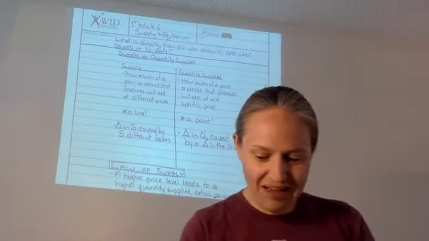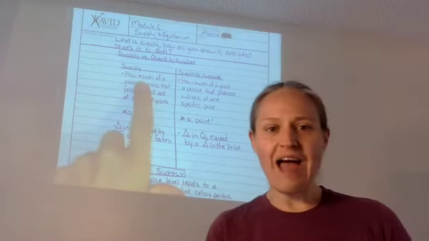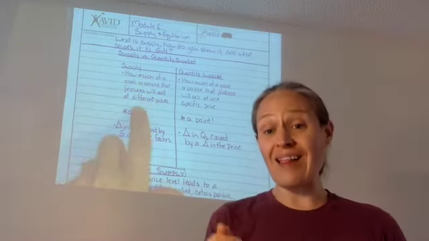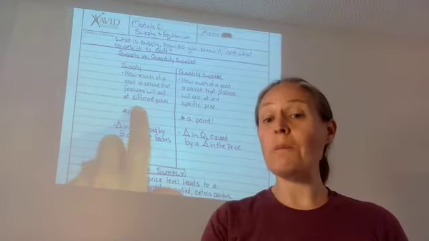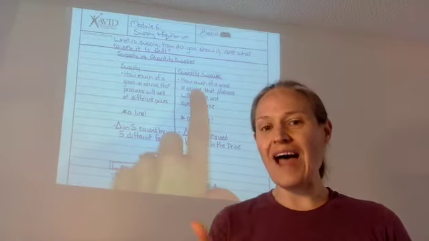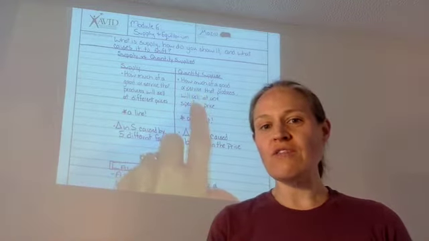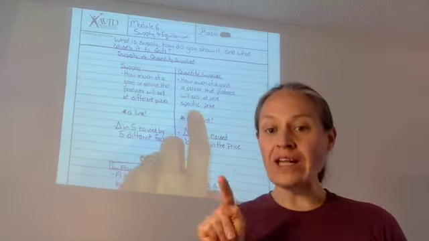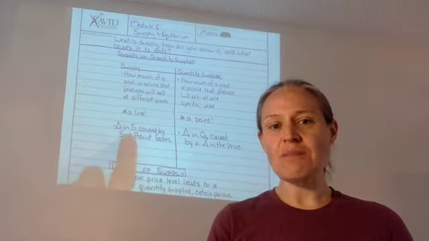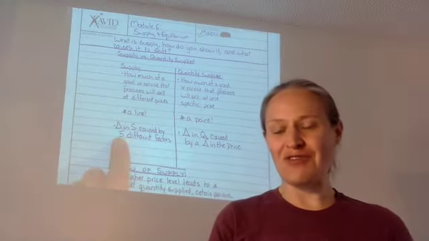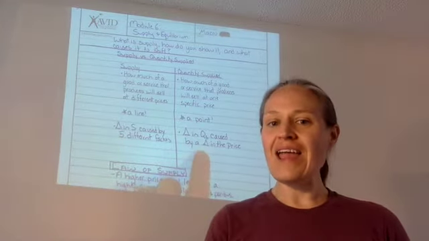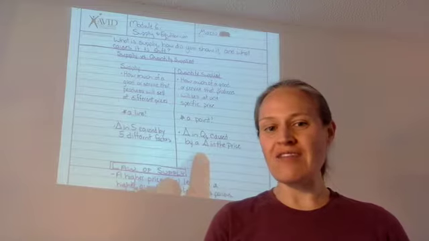All right, so it says here that supply is how much of a good or service that producers will sell at different prices, and it's a line. And then quantity supplied is how much of a good or service that producers will sell at one specific price, and that is a point. So a change in supply is caused by, again, 5 different factors, and a change in quantity supplied is caused by a change in the price.